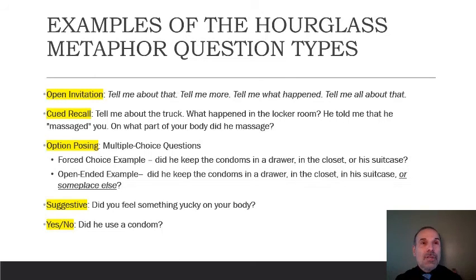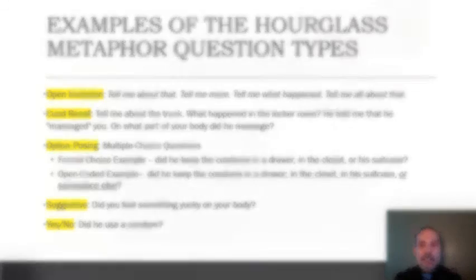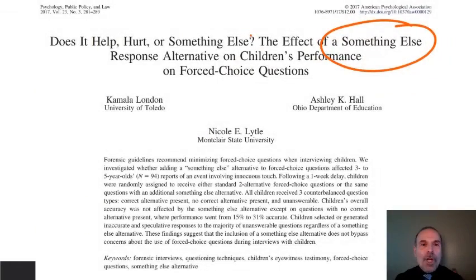So let's take a look at the last slide now. And I only give you this slide to show you that there's research on this. We will tease apart some of that research, not completely, but we will look at Professor Nicole Lytle's research in video 5.5, but I just want to share it with you. You may want to look it up in the Sprague Library at Montclair State University. There's copies on the databases there. Does it help, hurt, or something else?